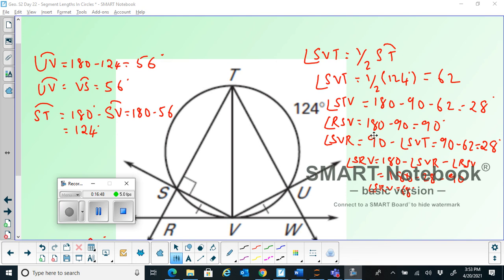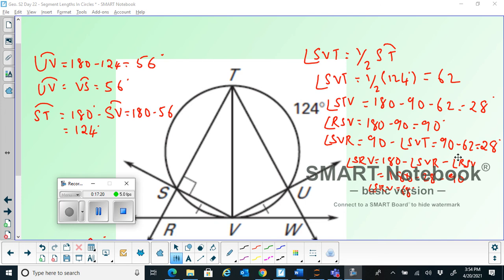Then to find RSV, which is 180 minus 90, which is 90 degrees. Then SVR is going to be 90 minus SVT, because we have a tangent here, right? So here TVR is 90 degrees. 90 minus angle SVT will give us SVR, which is 90 minus 62, that is 28 degrees.